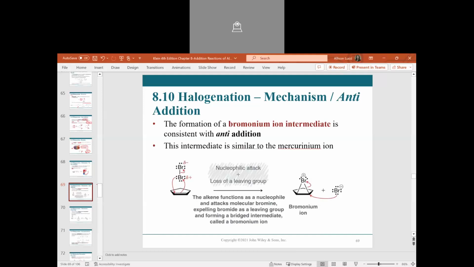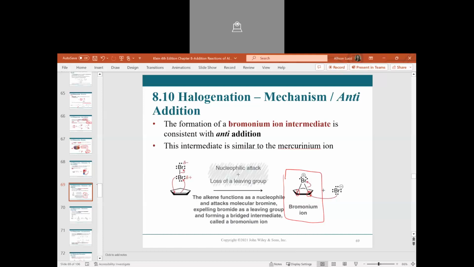And here we can see the breakdown. Similar to the mercurinium ion, we form this bromonium ion, and that is why the partial positive charge that's passed down to either of these sites would be on the other plane, the other surface where the double bond was.